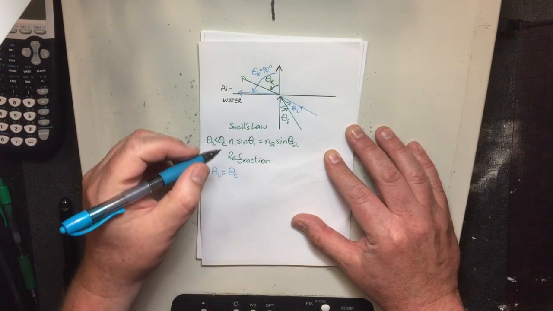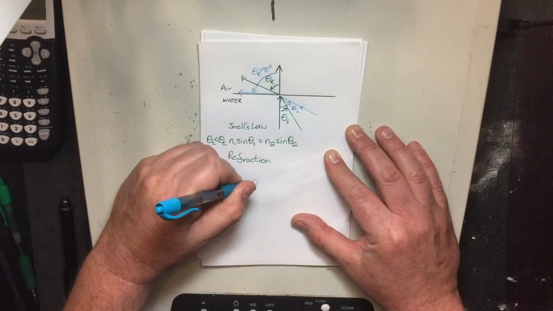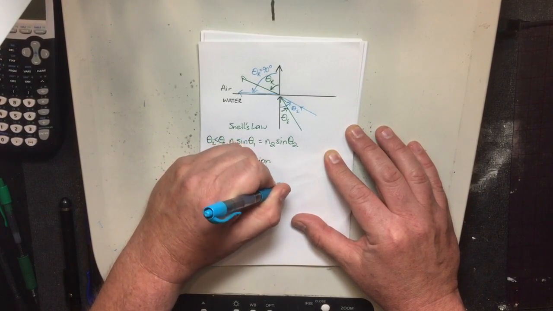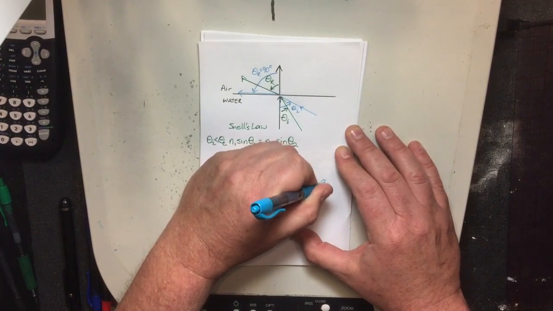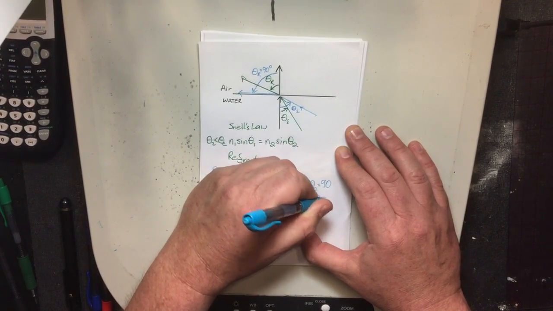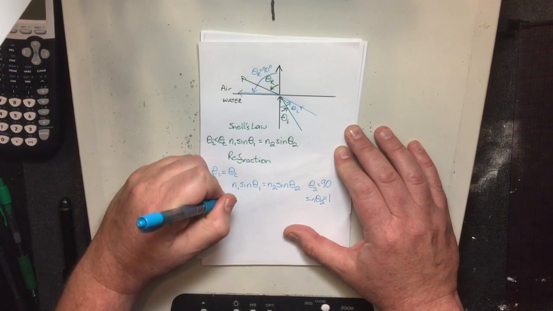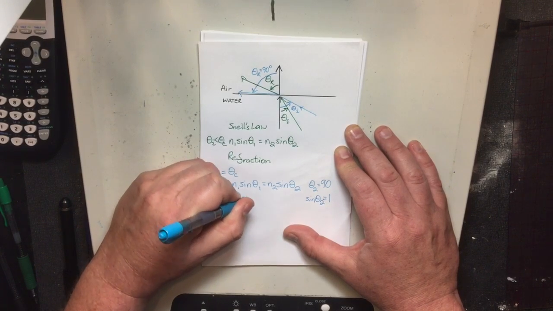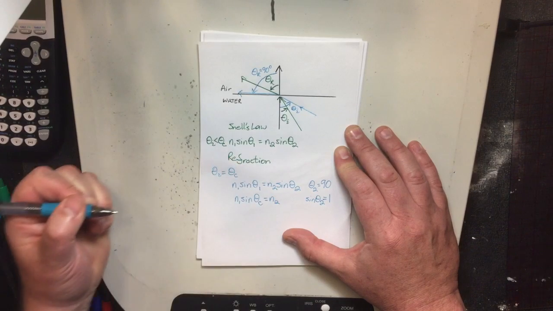So you've got N1 sine theta 1 equals N2 sine theta 2. Theta 2 is equal to 90 degrees. Sine theta 2 is equal to 1. So the equation becomes N1 sine theta c is equal to N2.